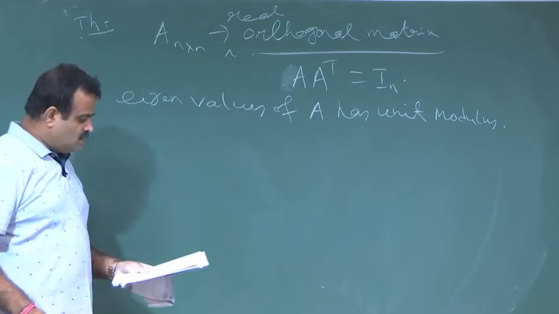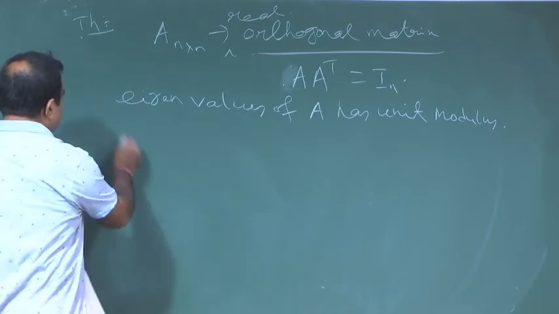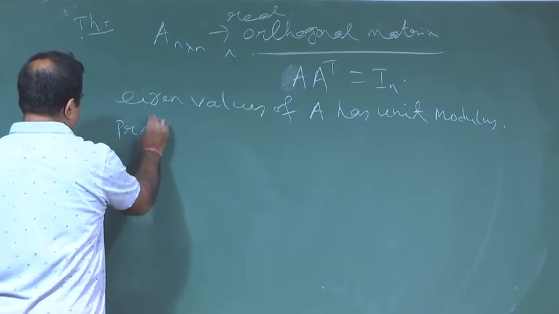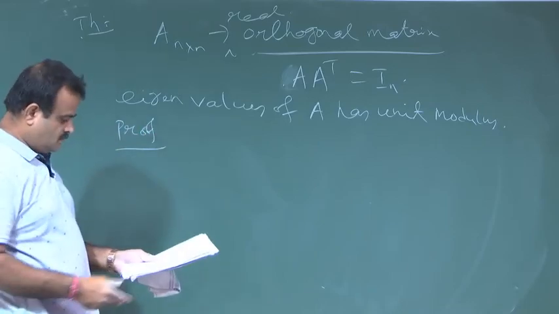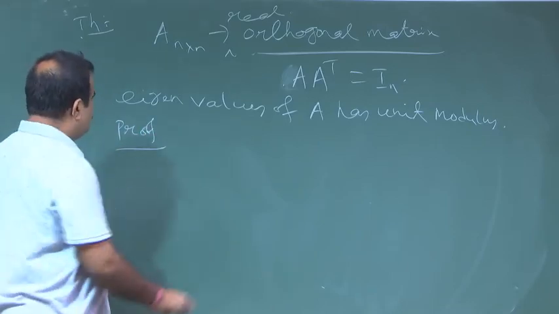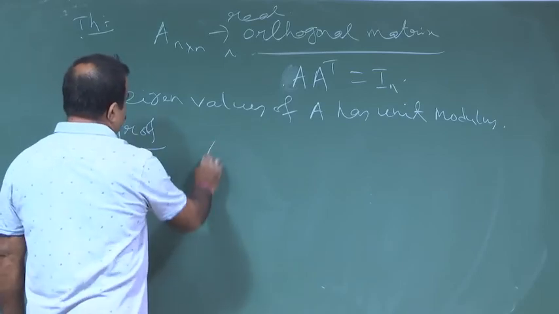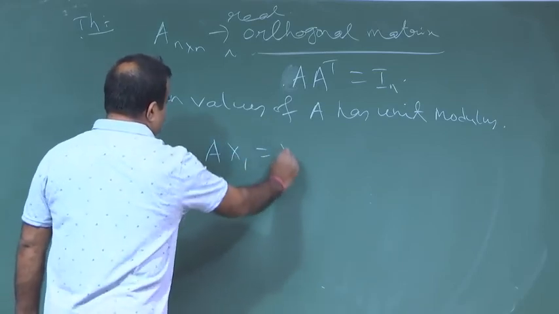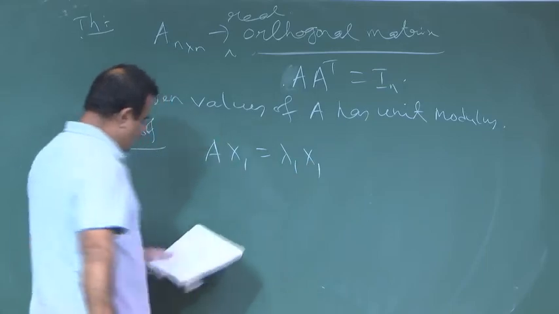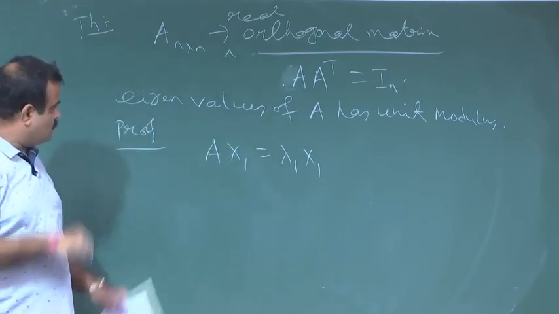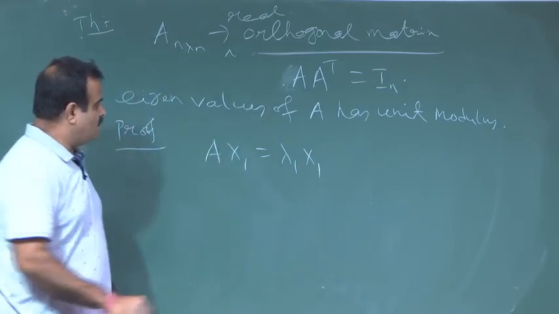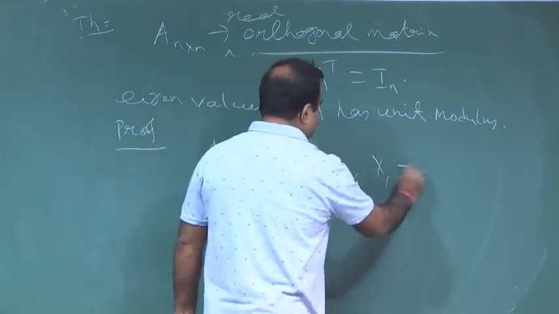So, how to prove this? To prove this, suppose lambda 1 is an eigenvalue, and the corresponding eigenvector is say x 1, where x 1 is not equal to 0.